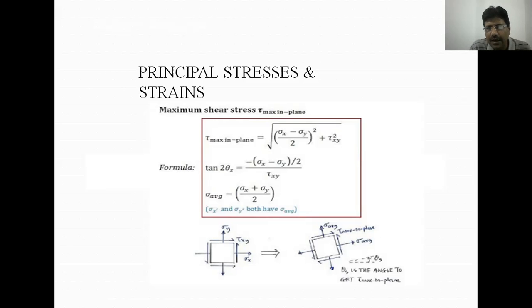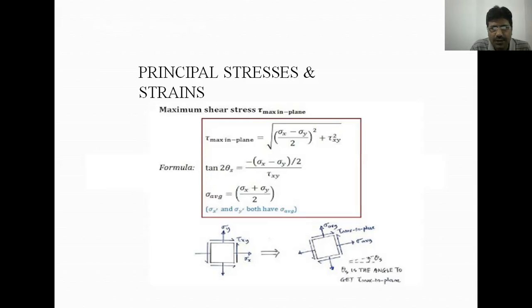Square it and add it to the square of the shear stress, and take the square root of the whole quantity. You will find the maximum shear stress that is acting on a body in case the body is subjected to a combination of direct stresses and shear stresses, or only a combination of direct stresses.